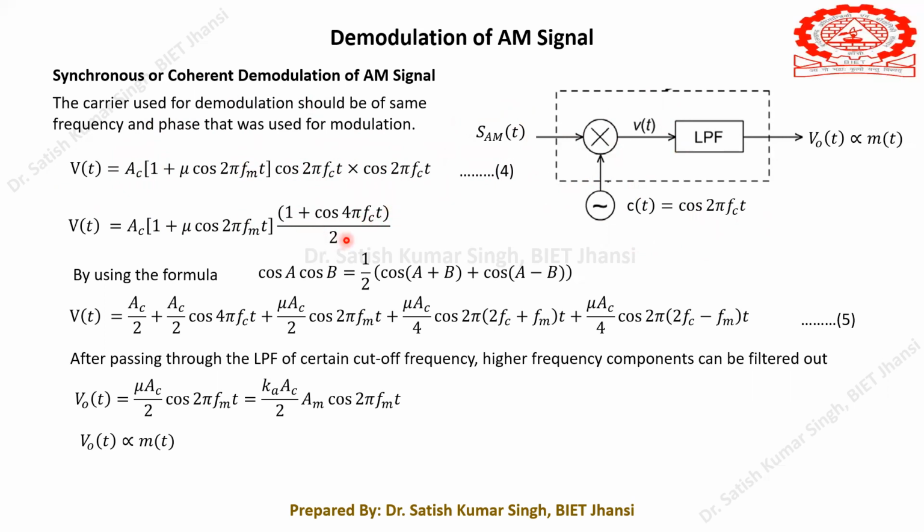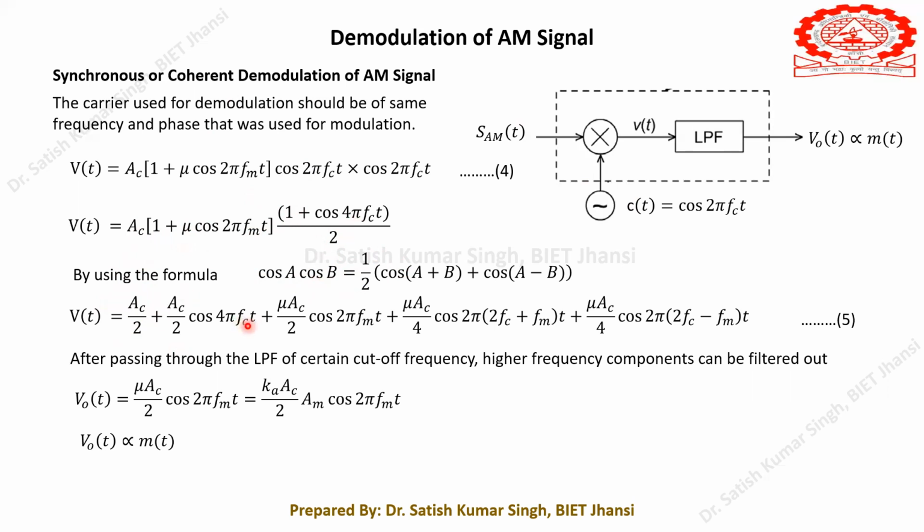Now again we can expand it further. It is a very simple expansion, and we have to use the cos A cos B formula again. After substituting this formula and expanding it, it is very easy to show this equation. We are going to get AC by 2, then AC by 2 cos 4 pi fct.